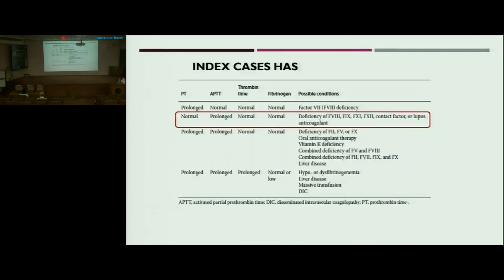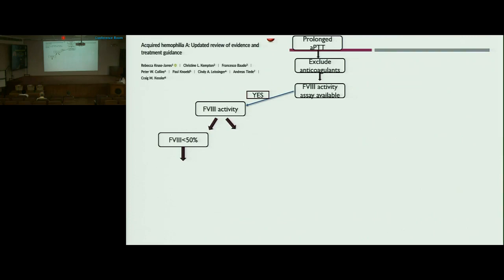The index cases had an APTT prolongation. If APTT is prolonged, first exclude drug intake like anticoagulants. If the institute has factor 8 assay activity available, then go with the measurement. If less than 50%, measure the von Willebrand ristocetin cofactor and von Willebrand antigen.